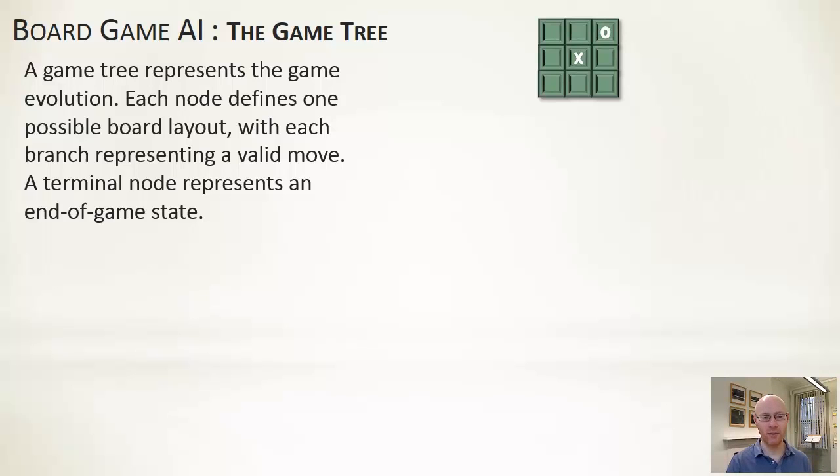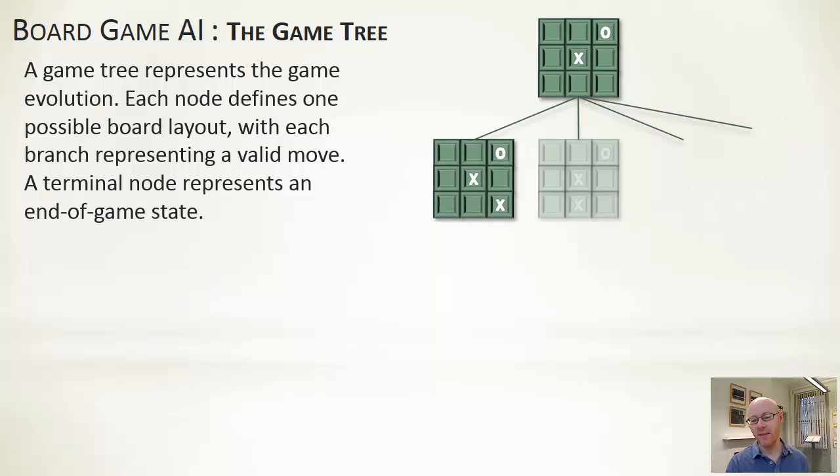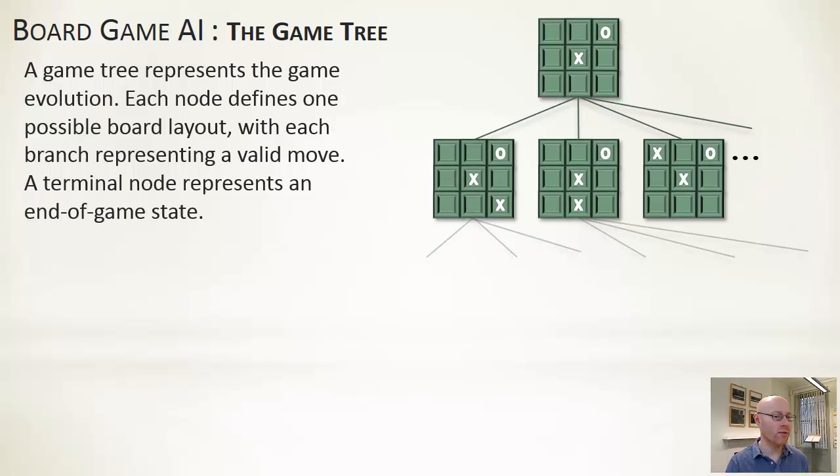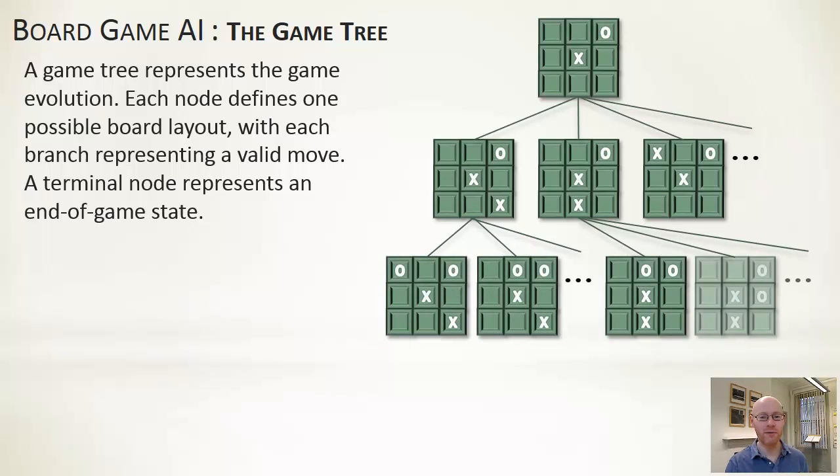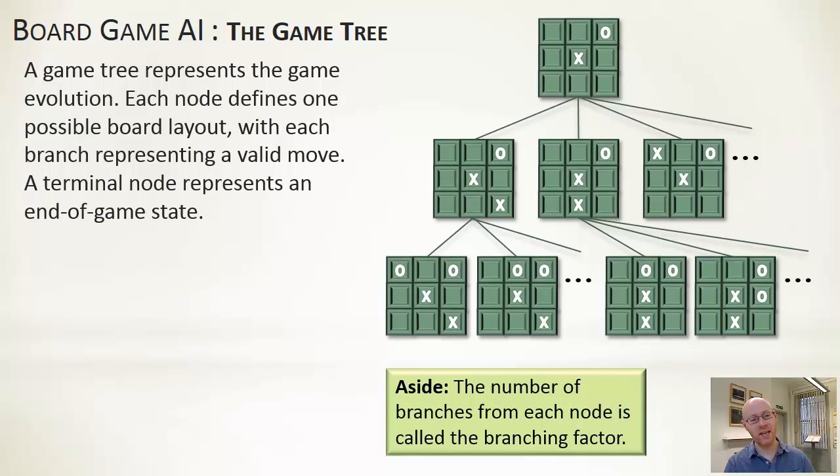So normally at the top of the tree it represents the current state of the board, and as the tree expands down on subsequent levels, you represent how the game might actually evolve. So at the top we have the current state, and at the next level down, there are different branching factors, but at that next level we would show the game one move on.